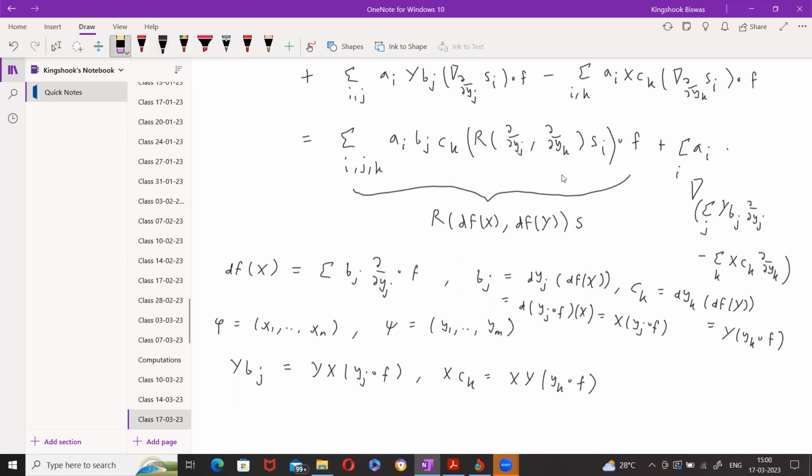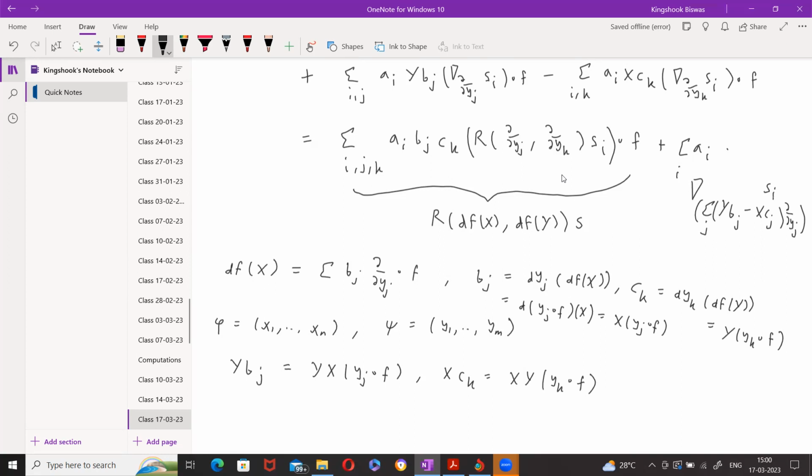So this becomes a sum over j of y bj minus x cj, nabla del yj acting on si, right?